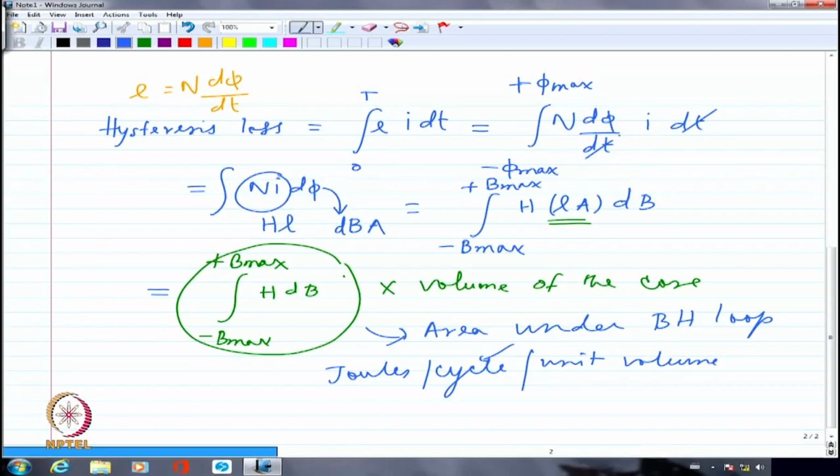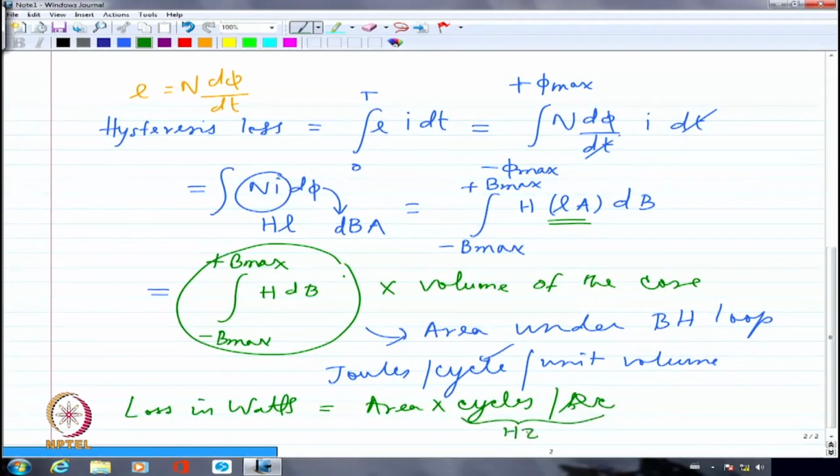If I want the loss in watts, I have to multiply this area by cycles per second, that is hertz, and also by the volume of the core.